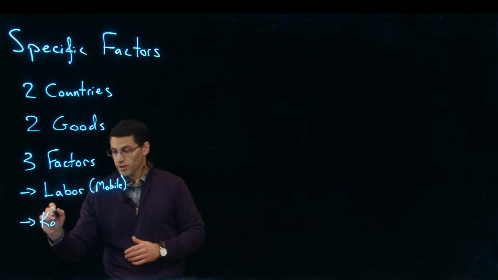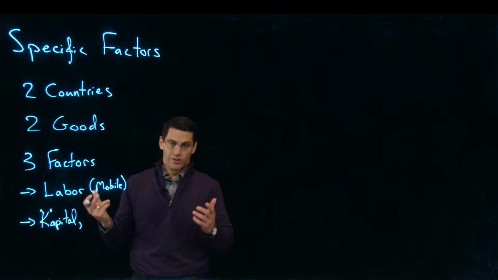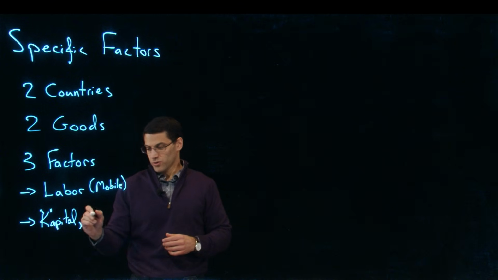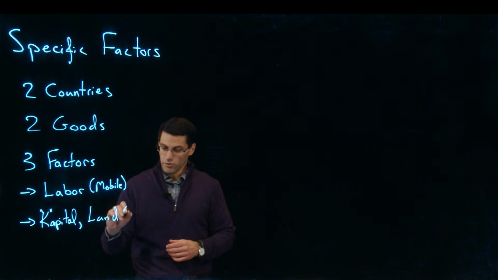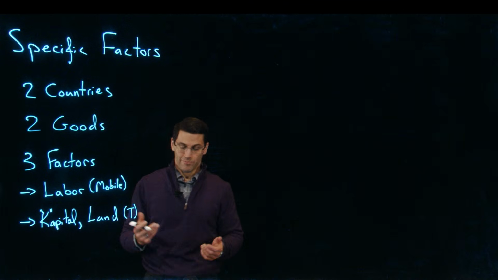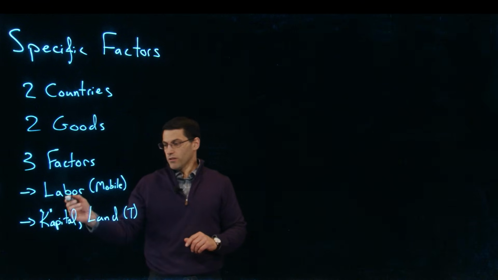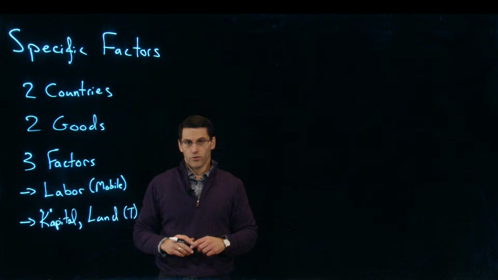Notice I'm spelling it with a K, because we're going to use K for capital. And we're also going to use the T for land. We're going to denote land with the T for terrain. That's the notation the book uses, okay? So L, K, and then T. Obviously, we can't have two L's, so we use the T for land, for terrain.